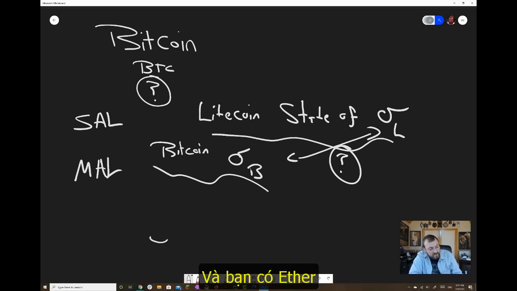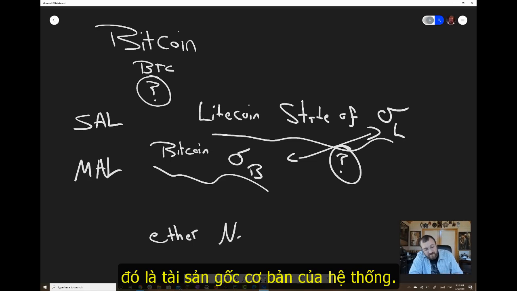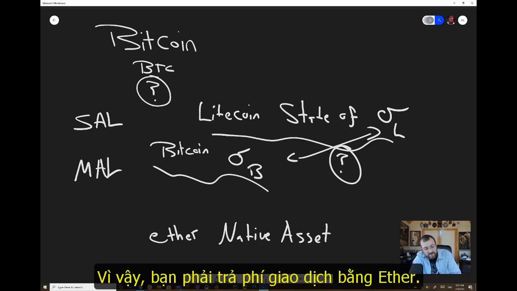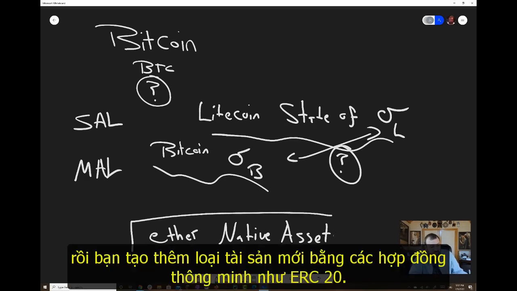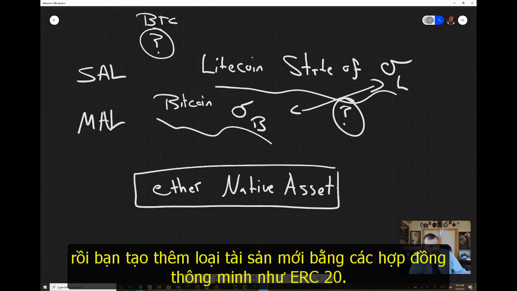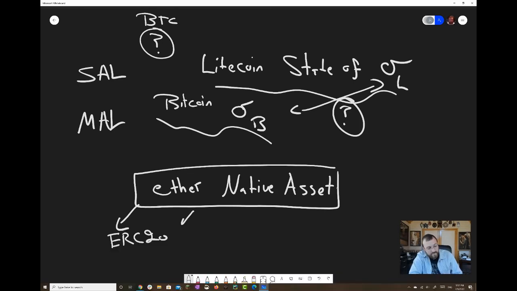So generally how that's done is you have something like Ether, and that's a base native asset of the system. So you pay the transaction fees with that. And then you have assets derived from smart contracts like ERC20, for example.